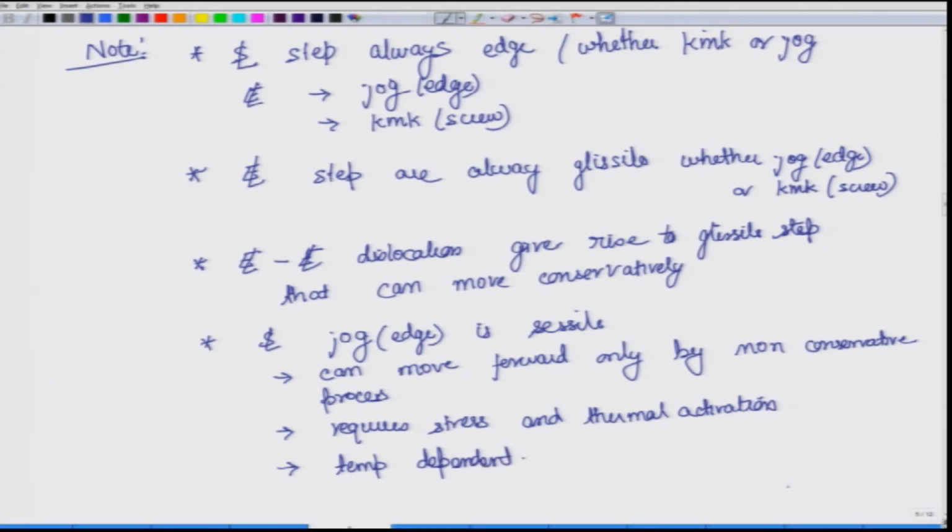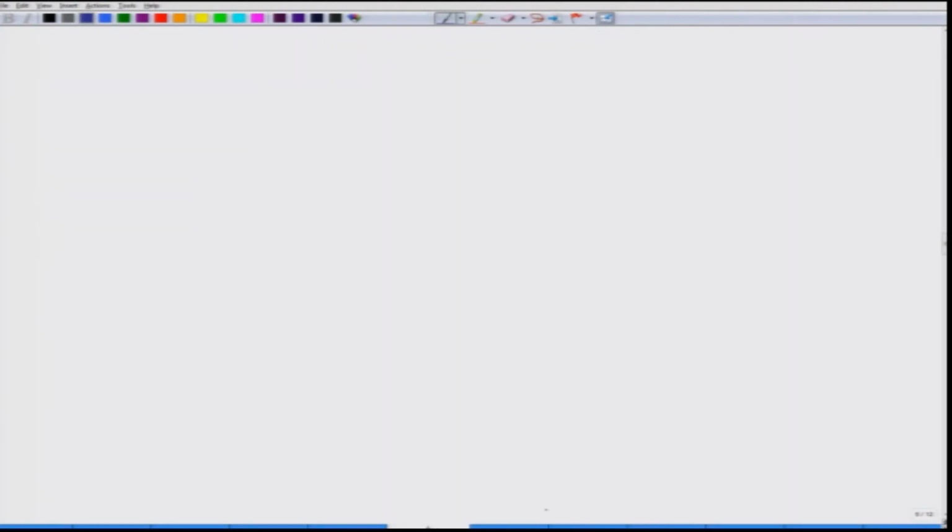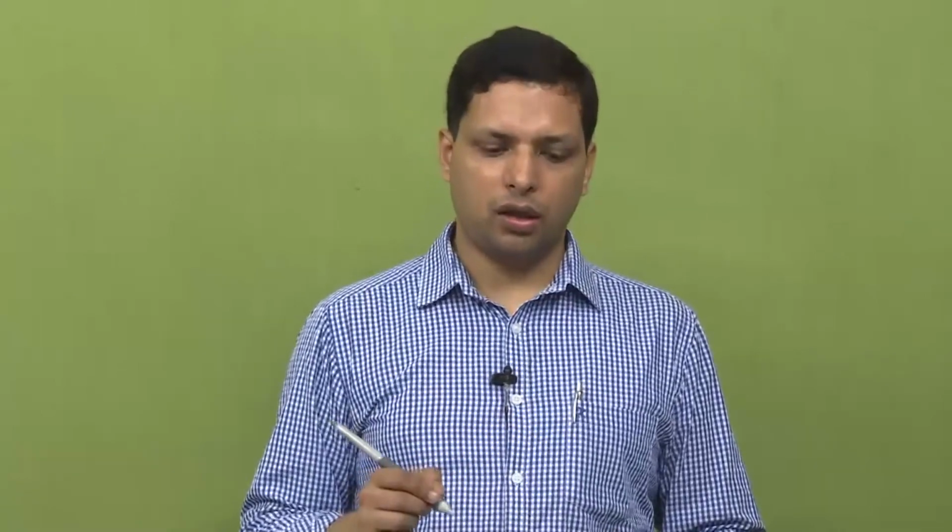So, these are some important take home messages from the intersection of dislocations and the steps which are jogs and kinks. Now, let us look at what we were talking about, the non-conservative motion of these sessile edge dislocations, that is, jogs that are formed in the screw dislocation.